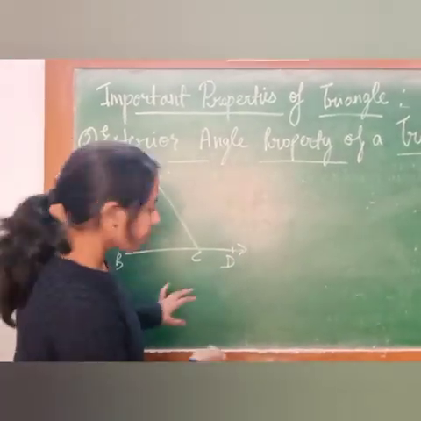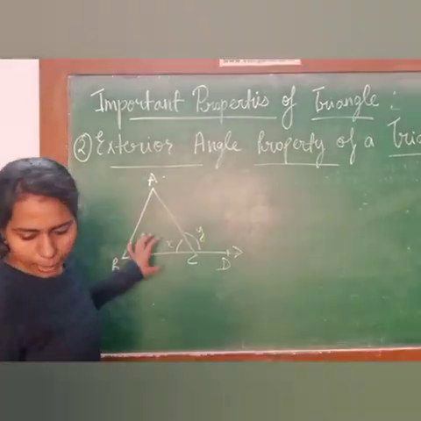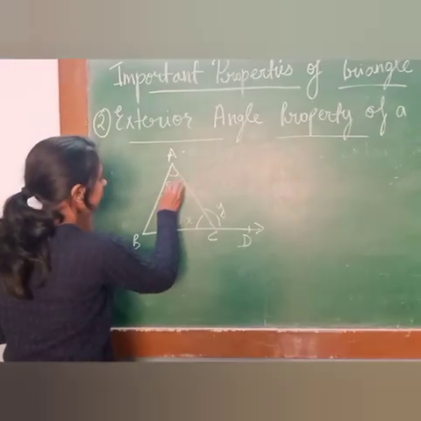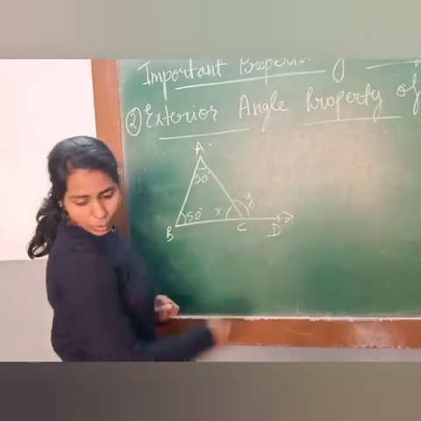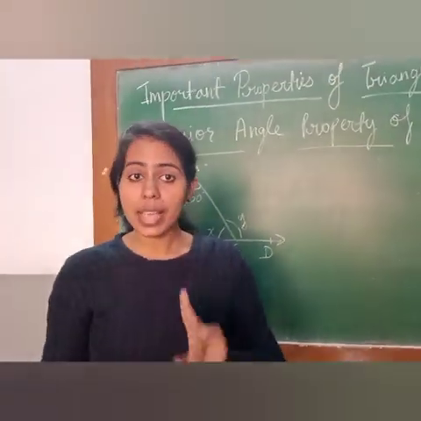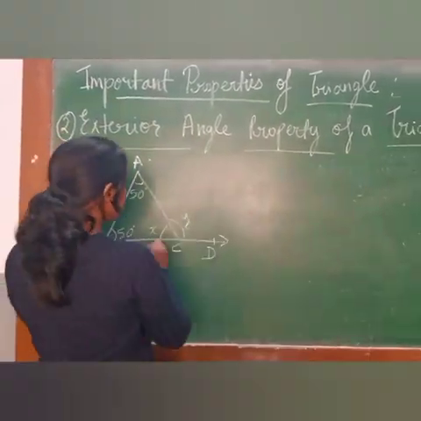BC is extended, and here you get angle X. This exterior angle is your angle Y, and the rest of the two angles are 50 degrees, another one is also 50 degrees. And this question is saying, in each of the following figures you have to find the value of X and Y. In this figure you have to find X and Y.